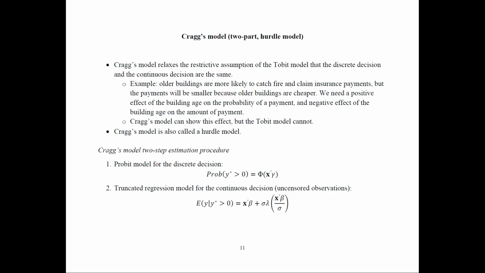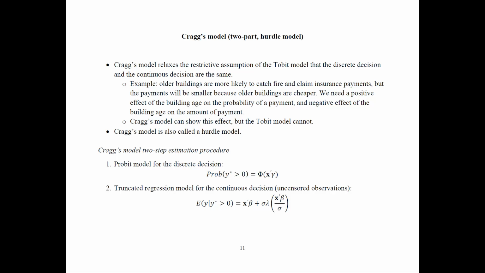But if they do make a payment, or we're in the positive part of the distribution, then we would need a negative effect for the building's age on the amount of payment. So if we were to estimate a Tobit model, we would need a positive coefficient on the Probit model and then a negative coefficient on the truncated model. That's not possible since they're combined into one model. But Craig's model separates those into two models, and that's why it's possible to show this effect.